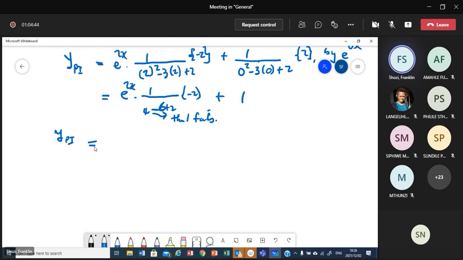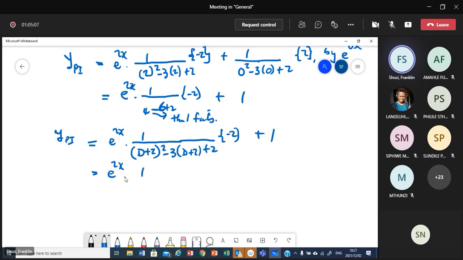By theorem 2, because theorem 1 has failed, e to the power 2x, 1 all over D squared, back here, so it's D plus 2 all squared minus 3 into D plus 2 plus 2, on minus 2. Don't forget that we still have that one. That gives us e to the power 2x, 1 all over, work that thing out. It's D squared plus 4D plus 4 minus 3D minus 6 plus 2, plus 1.